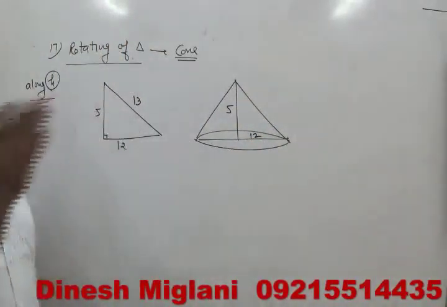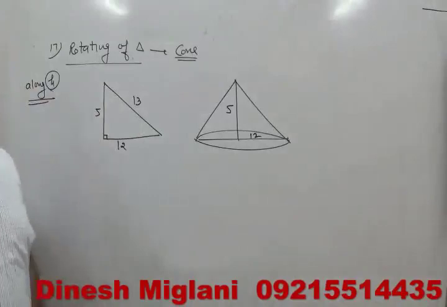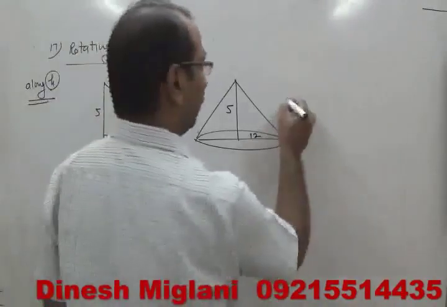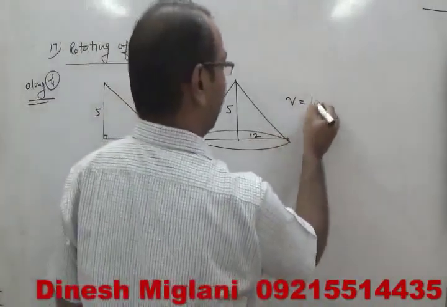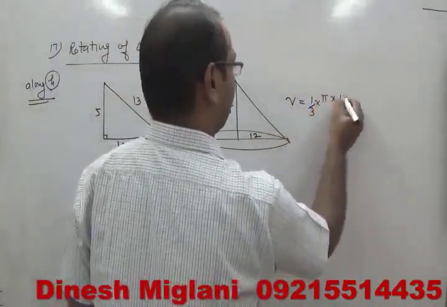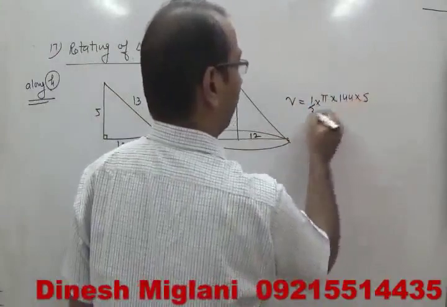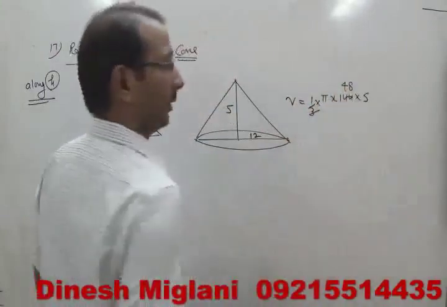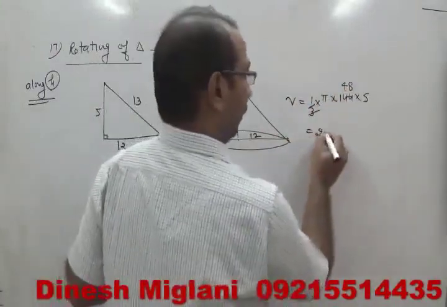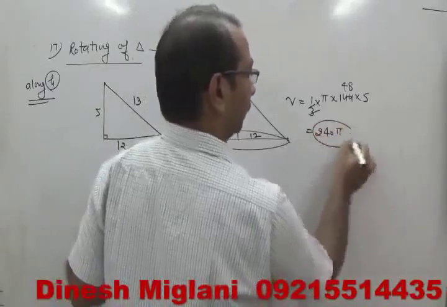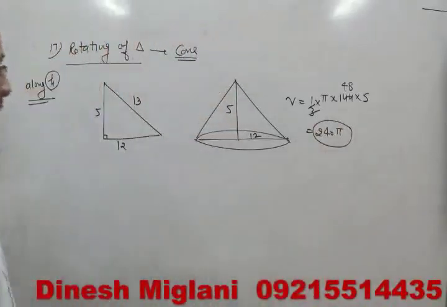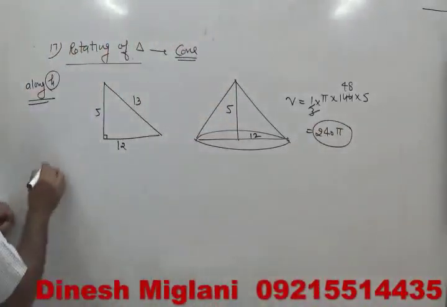If I rotate in such a way, the height is 5 and the radius is 12. Now it becomes a cone. If you have to find the volume of this figure, you can say 1 by 3 pi r square into h. 3 will go on 48, you will take it as 240 pi. That's my answer, right?